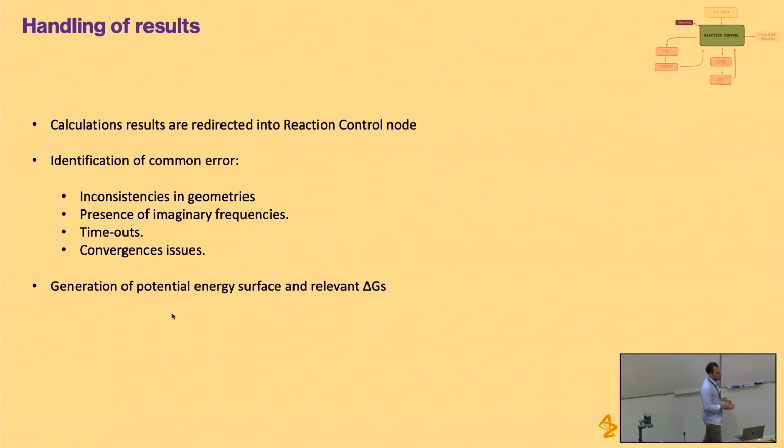If you have convergence issues, you might want to scrap that calculation altogether. Finally, once all these calculations have been completed successfully, the key properties that we're interested in, such as the delta G's, are calculated and appended as a column to the original CSV file.